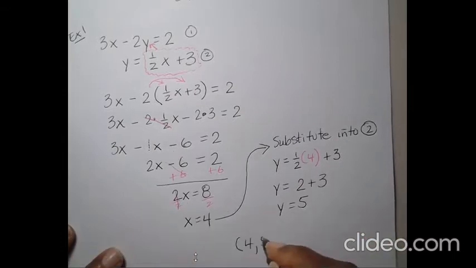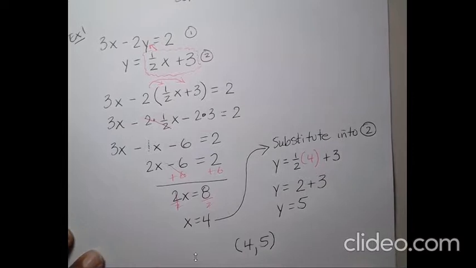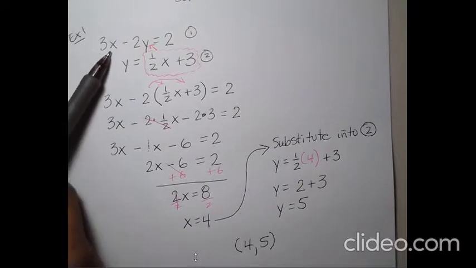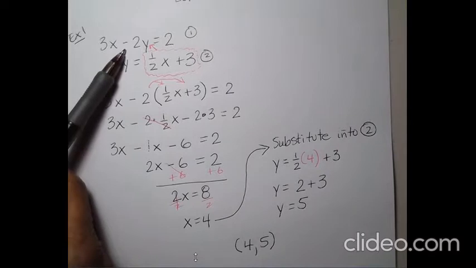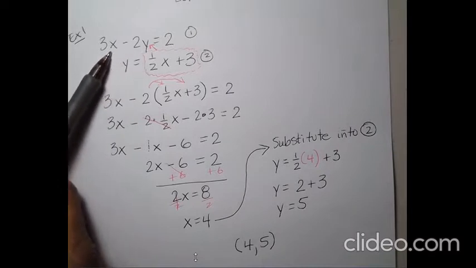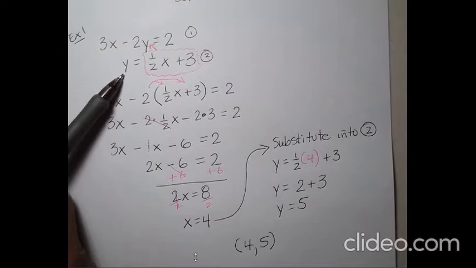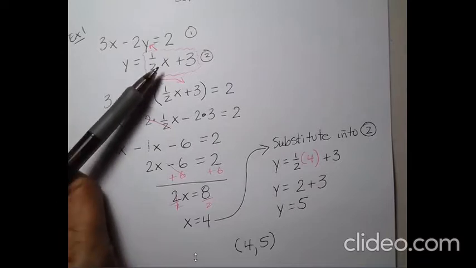Now if we want to see if this is an accurate solution, we can substitute the 4 and the 5 into the first equation. 3 times 4 is 12, minus 2 times 5 is 10, so 12 minus 10 is 2. That is true. And does 5 equal 1/2 of 4 plus 3? 1/2 of 4 is 2, plus 3 is 5, so 5 equals 5.